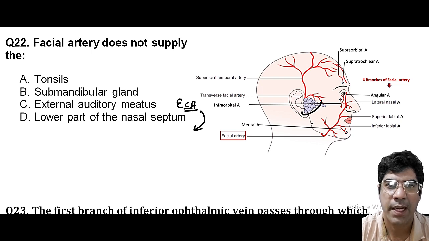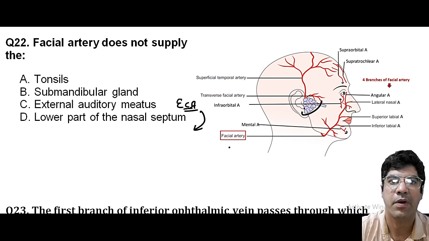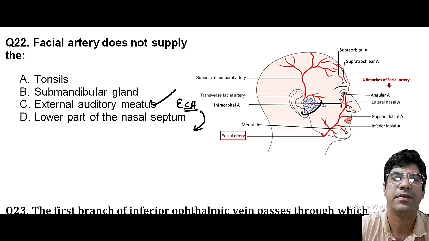A submandibular gland, the facial artery supplies the submandibular gland, that is like the submental artery provides blood supply to the gland. The facial artery does supply the tonsils. So your answer is C.